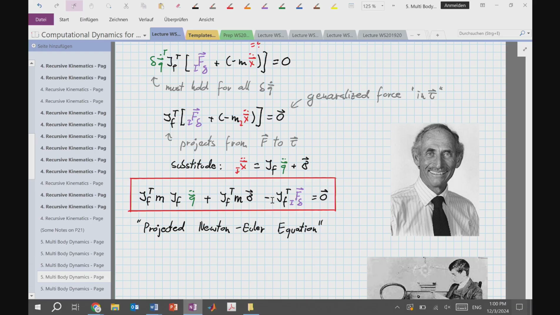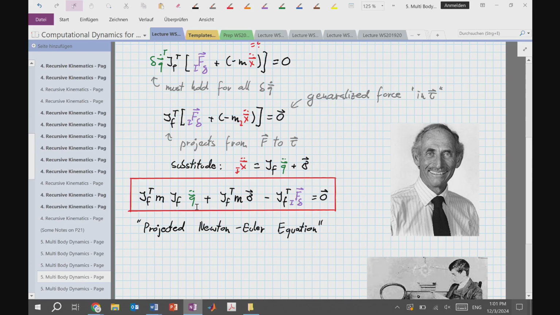Because we said early on, right, in this Jacobi transpose mapping, I take an external force and break it into two components. One component's covered by the constraint forces, Fc, and one component covered by the motors, tau. And after the projection, right, after applying JF transpose, we only see the motor torques tau. The contribution of the JF goes away. And if I take JF to begin with, run it through this projection, it's just going to vanish.